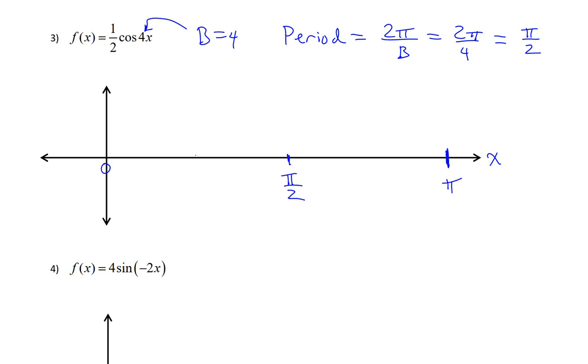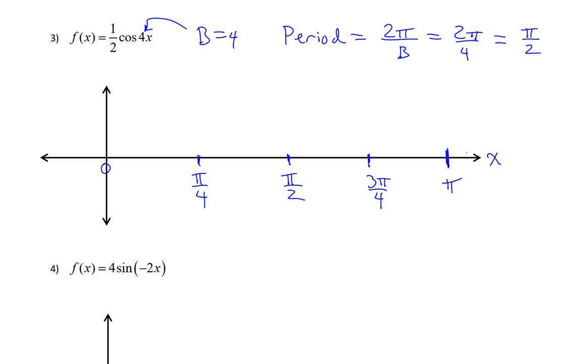And I'm going to cut those intervals in half again. Well, half of pi over 2, so between 0 and pi over 2, we'd have pi over 4. Then you can just start counting by fractions if you want, right? 1/4, 2/4, 3/4, so 3 pi over 4, and then 4/4, which is the pi value at the end.